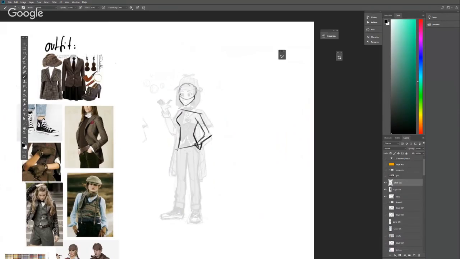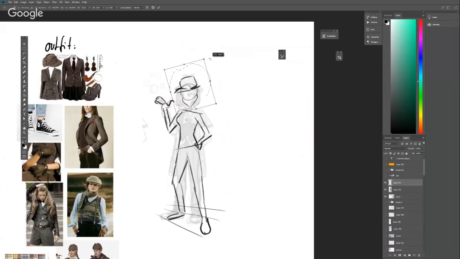Then maybe one leg is a bit like this, and the other leg a bit like that. And also think a bit of perspective, like this. This is fine. But if you have this head, maybe you can also give it a bit of angle.